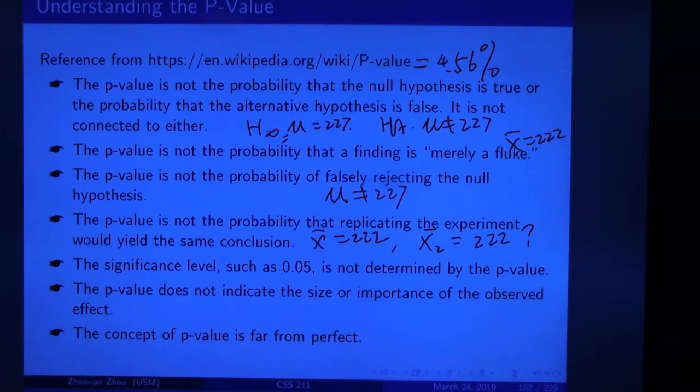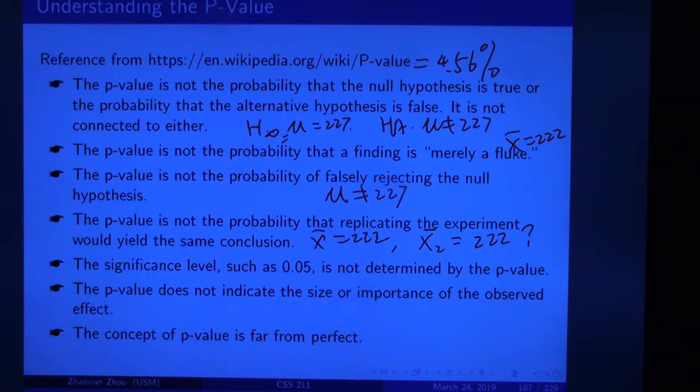The concept of the p-value is far from perfect. This is only one concept. On websites, there are a lot of other discussions about the p-value. Actually, there are a lot of research papers discussing it.